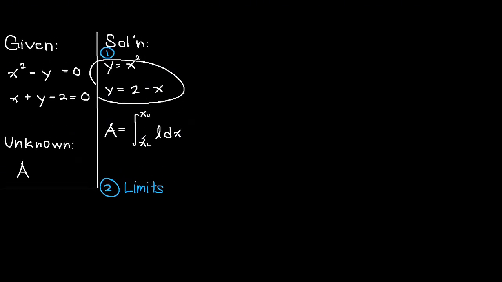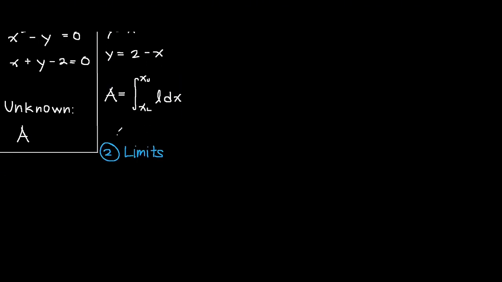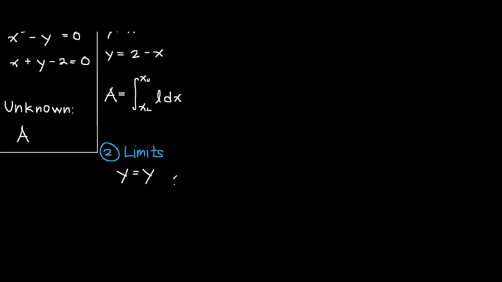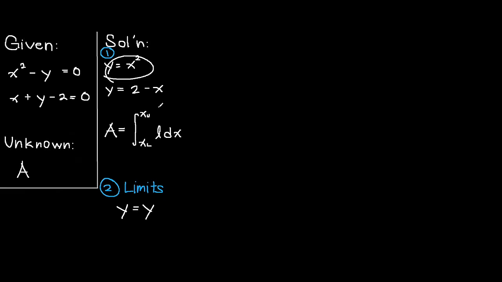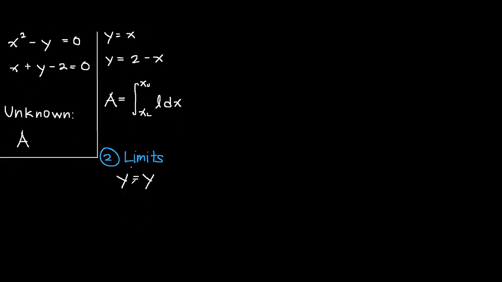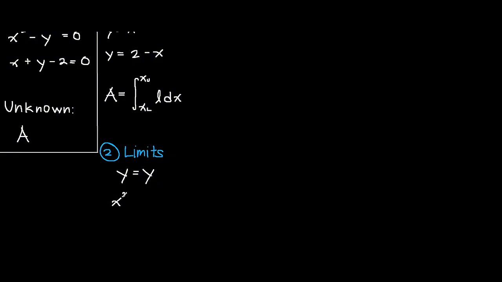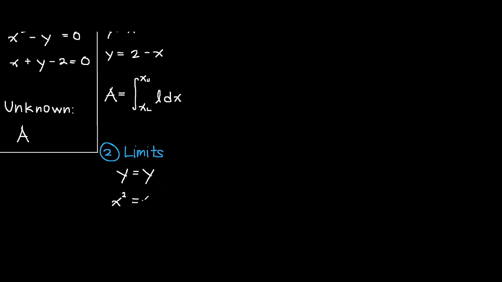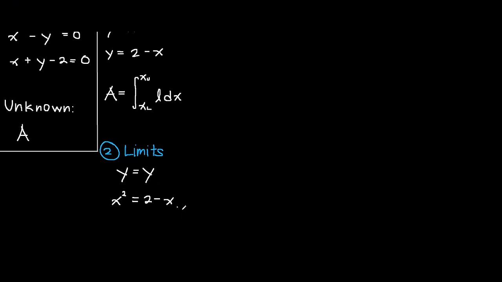Since we have here two equations, both of them equates to y, and we know that y is equals to y, no doubt. So, substitute these values dito sa y's natin. So, we have here x squared is equals to another y, 2 minus x.